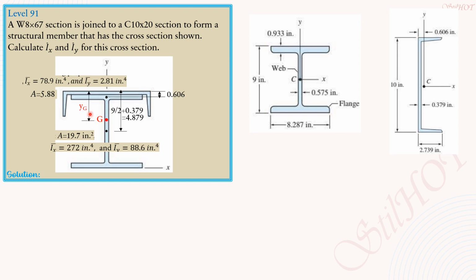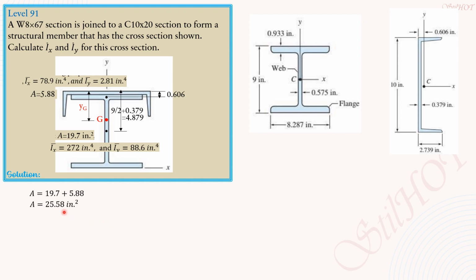So if this is YG, we can compute YG by Varignon's theorem. The area is the area of the wide flange 19.7 plus the area of the channel 5.88, so the area is 25.58 square inches.